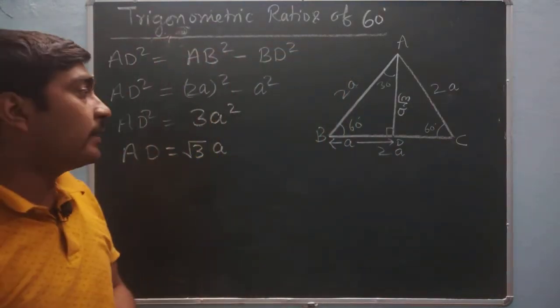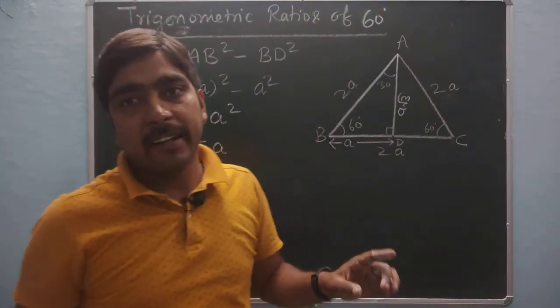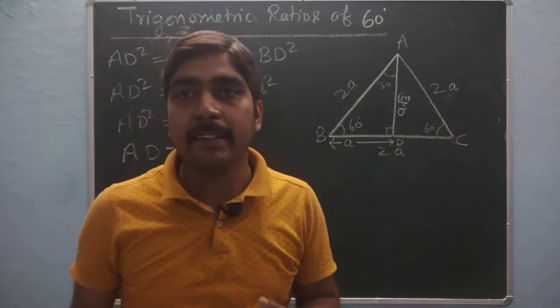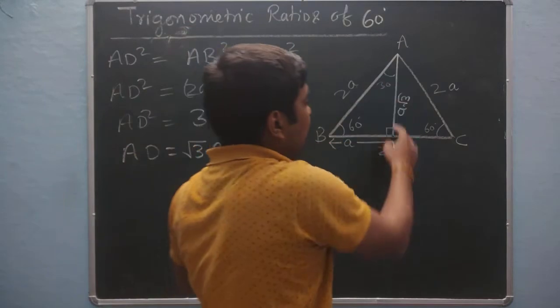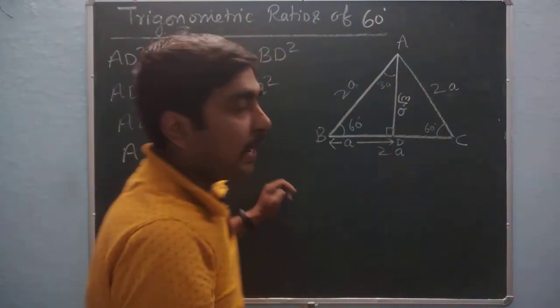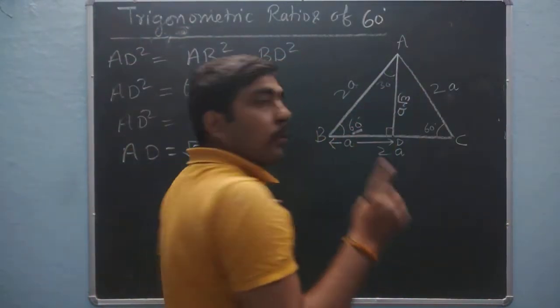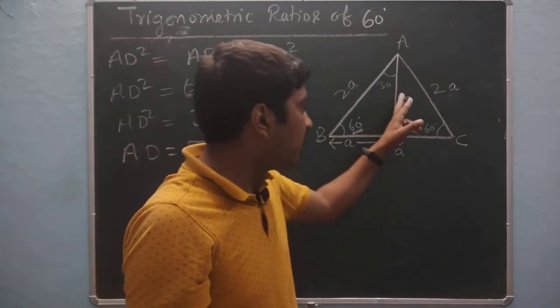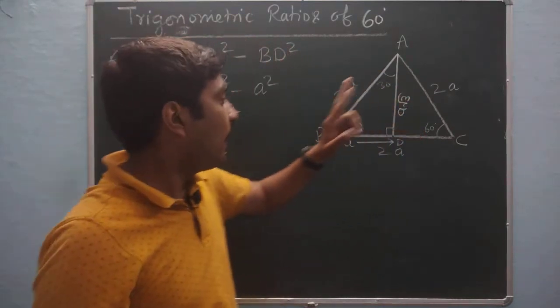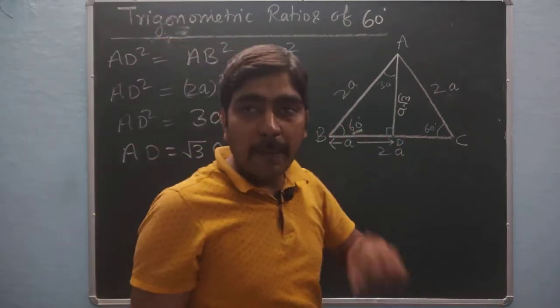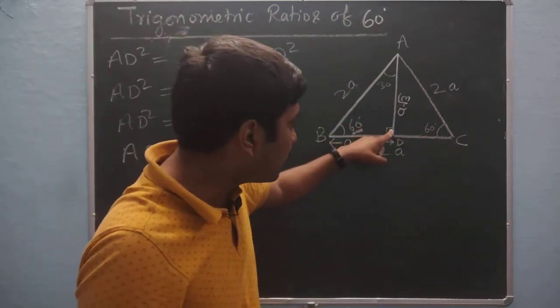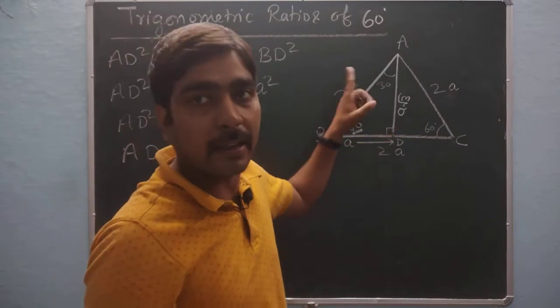Now we have to find all the trigonometric ratios for 60 degrees. So we will consider the triangle ADB, and theta will be this angle. The perpendicular for this theta will be side AD, the base will be BD, and the hypotenuse is just the side opposite to the 90 degree angle.